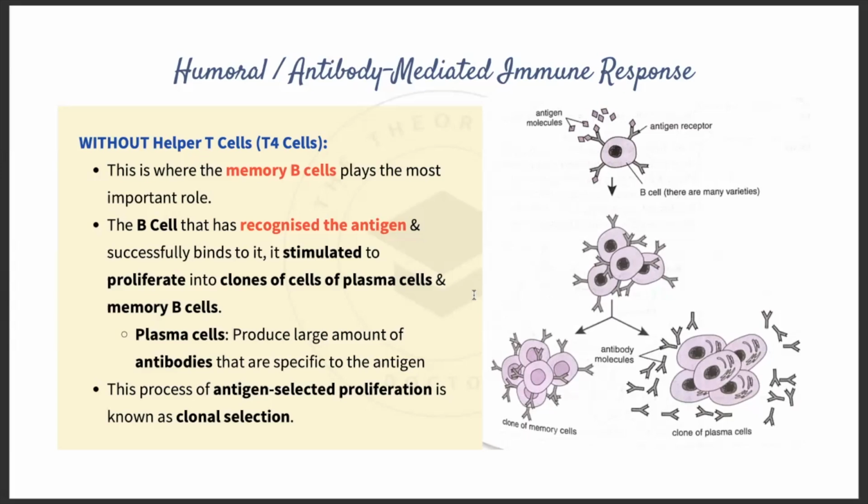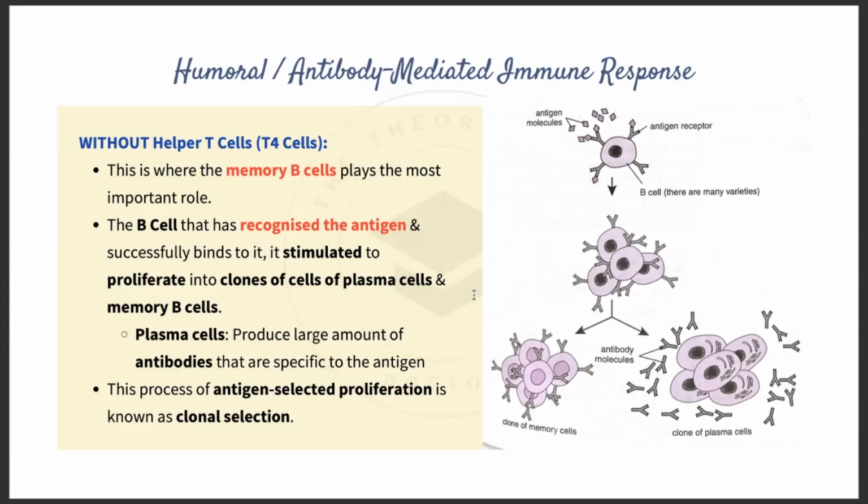Yes. So the B cells that have recognized the antigen will successfully bind to it, and then the B cell is stimulated to proliferate, to divide into clones of plasma cells and memory B cells. So these plasma cells, like I mentioned earlier, will produce large amounts of antibodies that are specific to the antigen, meaning the epitope of that antigen.